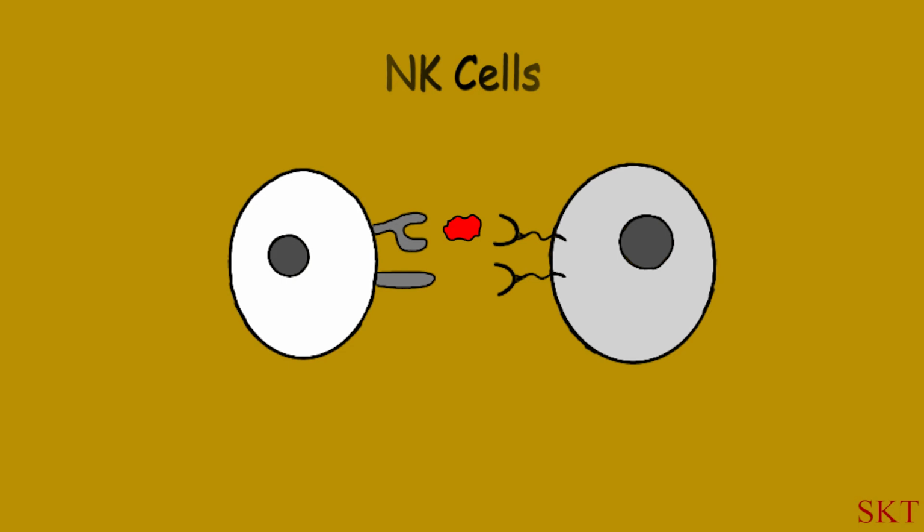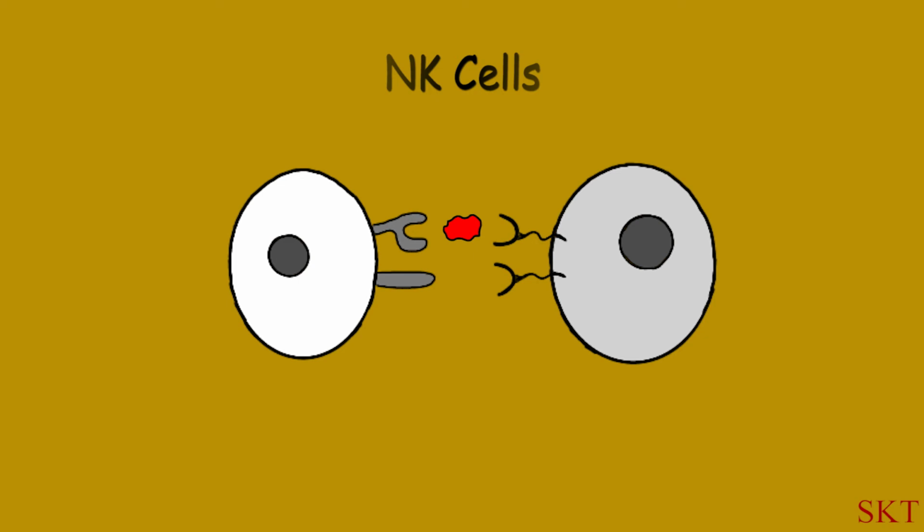So when NK cells come in contact with these virus infected cells, the activation receptor produces a signal, and when the inhibitory receptor comes in contact with MHC class 1 receptors, the proteins on them are not the same. So that is how NK cells recognize the virus infected cells.